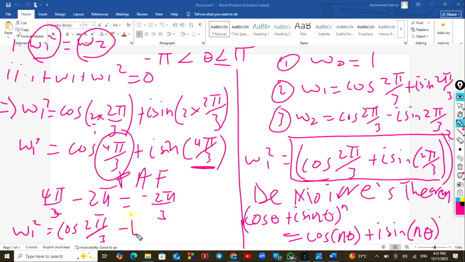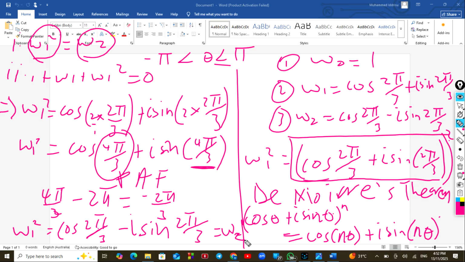So we have minus I sine 2 pi over 3, and this is the same as our W2. Hence we've shown that W1 square is equal to W2. So if we square the second root, W1, we'll get the third root, W2.